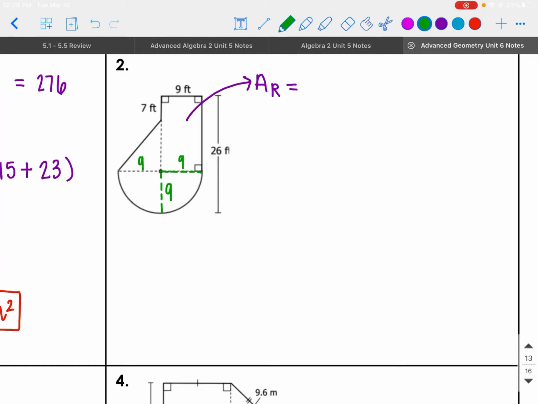Okay, so we have 26 is this entire length. So if I take 9 off of that, I get this side of the rectangle is 17.